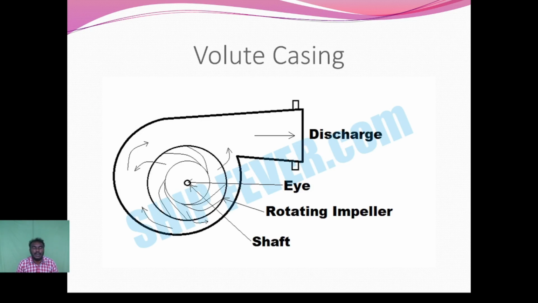Next, we discuss two types of casing, volute casing and vortex casing. This is a line diagram of a volute casing. We have an eye, the rotating impeller and shaft, and the discharge pipe, in which the area is gradually increased from the center to the discharge.